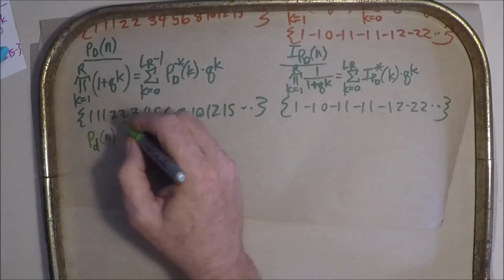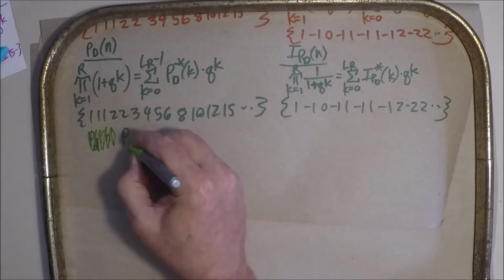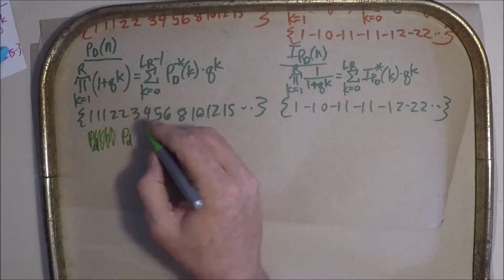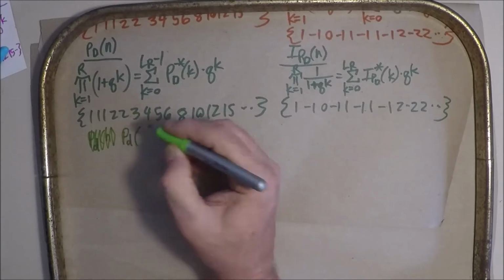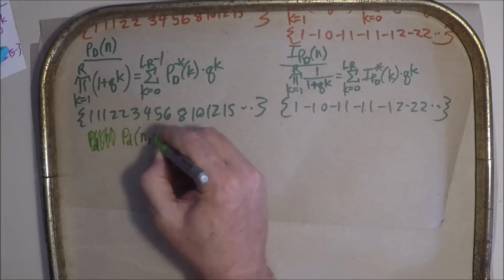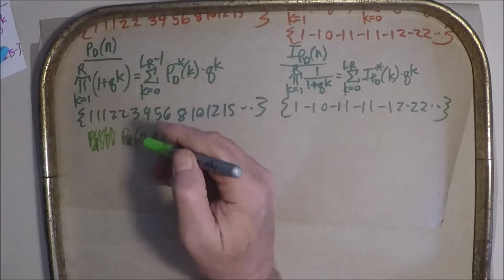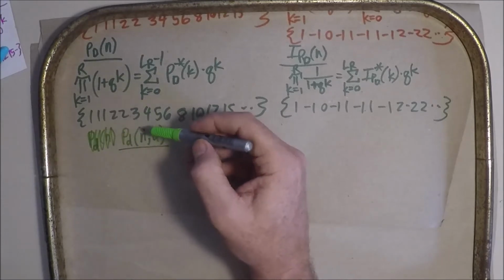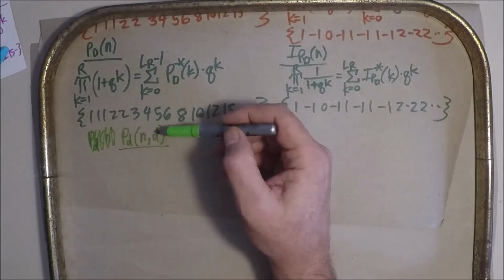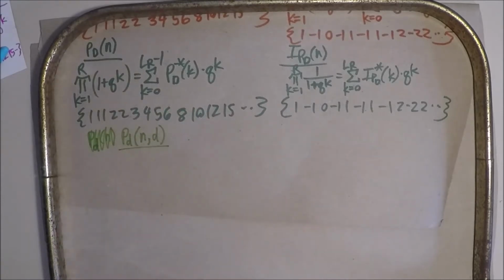And actually what we really should say is P, put the d there to indicate what kind of function it is, but that d is a parameter, so we should probably go n, d. So this function would give us the number of partitions of n with no more than d repeated parts.